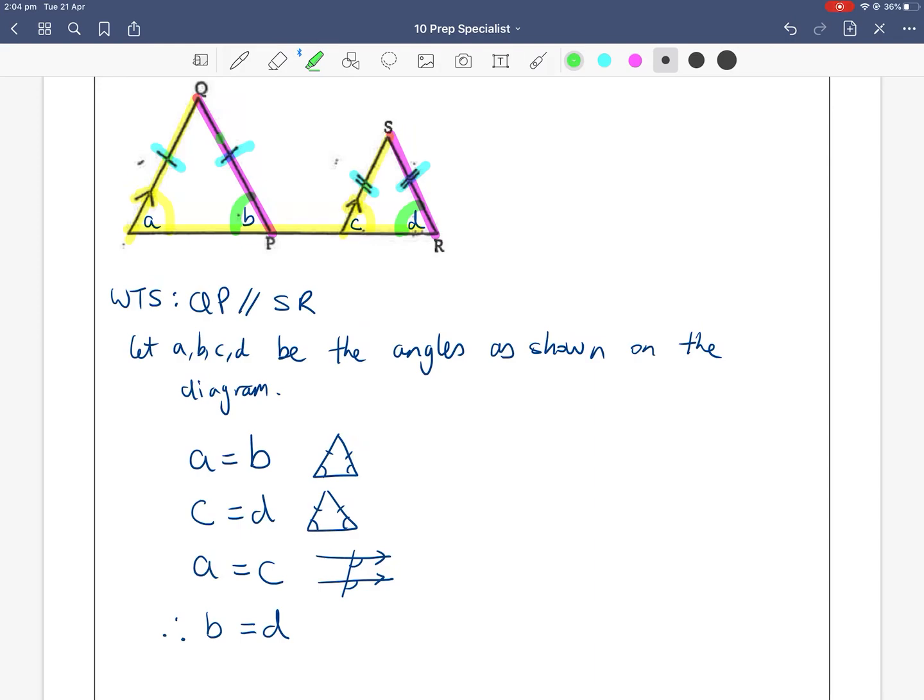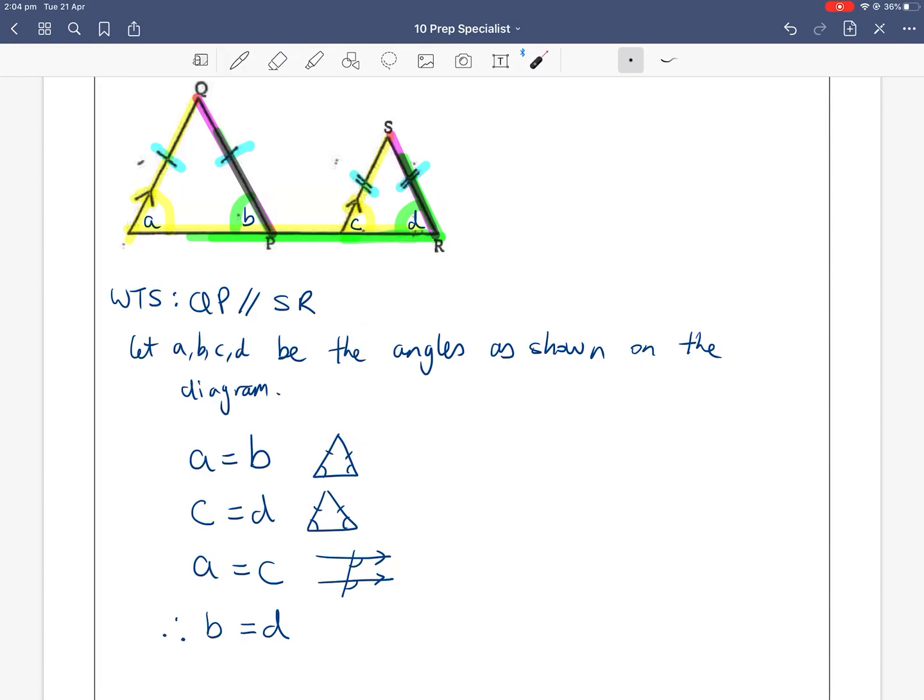Well, let's highlight the lines touching angle B, which is that. And then highlighting the lines touching angle D is that. It's a backwards F, right? If you turn your head around, it looks like an F shape. So that tells us that these two angles are the same and they form an F shape. So using the reverse corresponding or the reverse F rule, that tells us that these two lines, QP and SR, must be parallel, because for the corresponding rule to hold, the lines must be parallel.